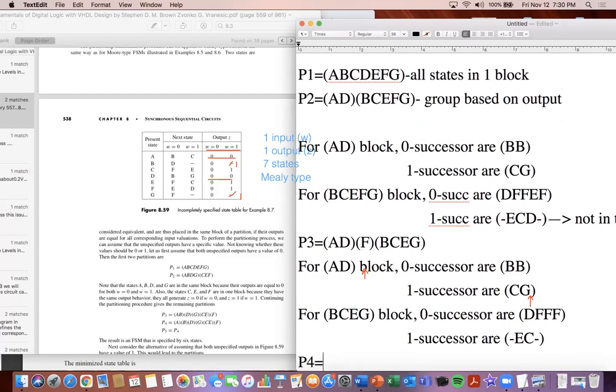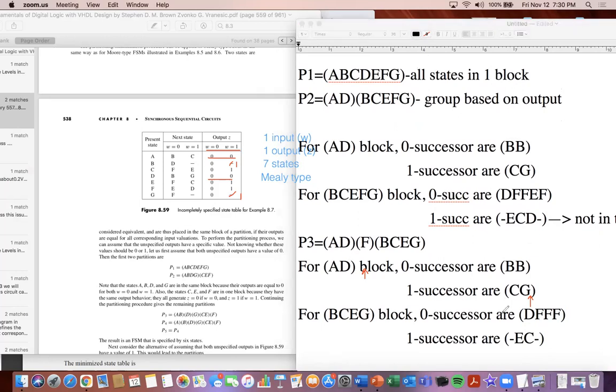And so P4 is equal to, okay, we got the AD, we got the F, we got the BCEG. And oh wait, sorry, did I check if these are in the same? Yeah, EC are in the same block. DFF, no, these are not in the same block. Sad face again, because D is in this block, F is in this block.